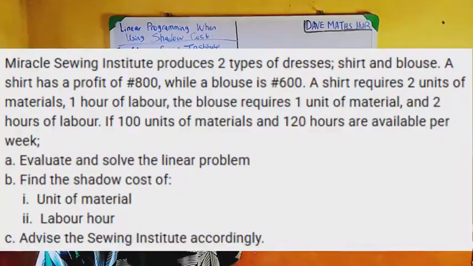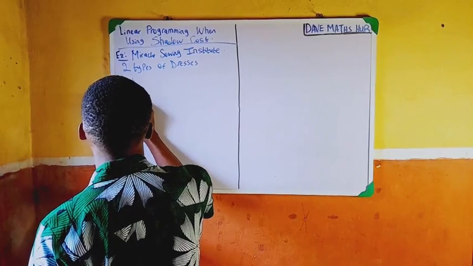Now it said a shirt has a profit of 800 naira. So we can say this is our profit.